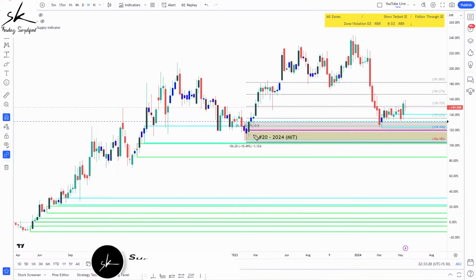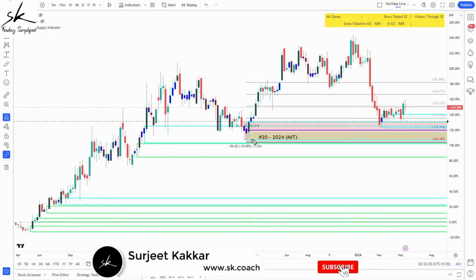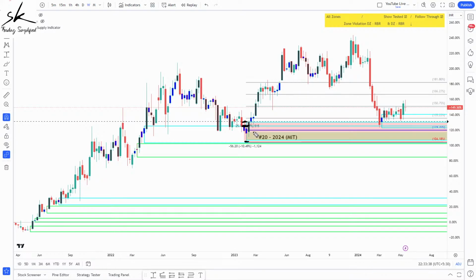And if I wanted to trade this zone as a wick to wick method, then my proximal line would be here, my distal line would be here. That will make the zone pretty wide. If I go to body to wick method, still my proximal line would be here, but because I saw that the same zone is getting divided into multiple zones, I was able to fine tune my entry a little deeper into the zone. So we are basically trading the same zone. It's just that we have fine tuned it on the lower time frame.